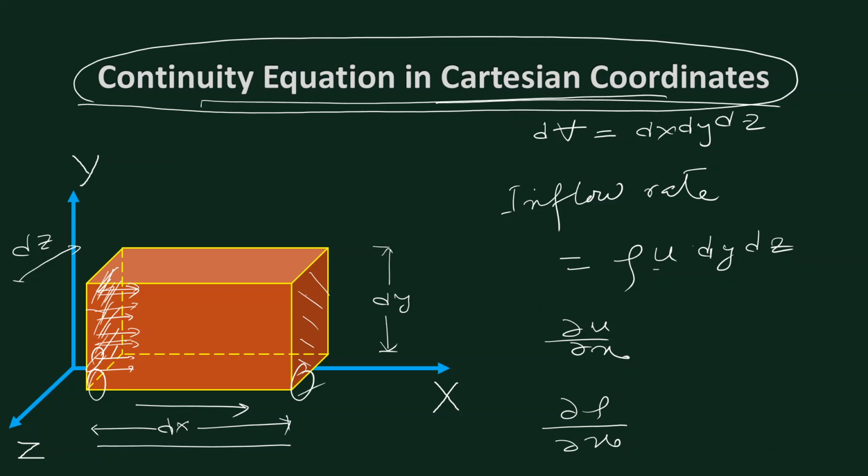Therefore, the new density at this point will be rho plus the rate of change of density multiplied by the distance. Similarly, the x component of velocity at this point is given by u plus the rate of change of velocity del u by del x multiplied by dx.